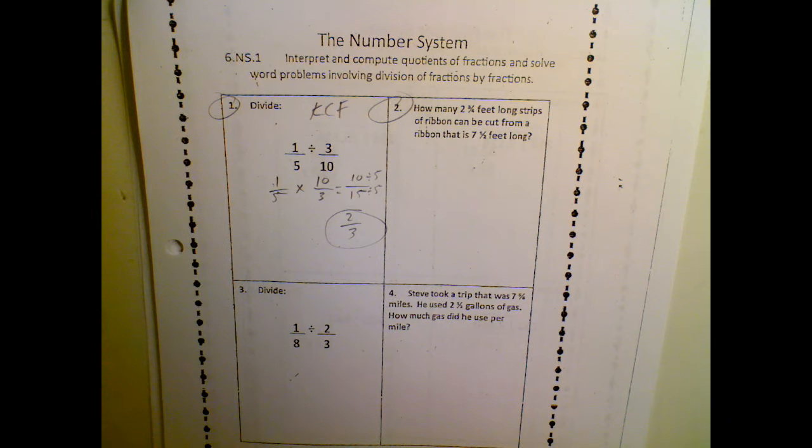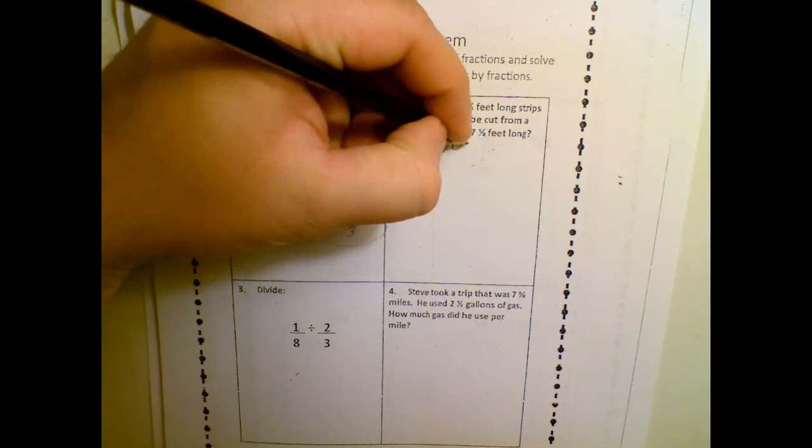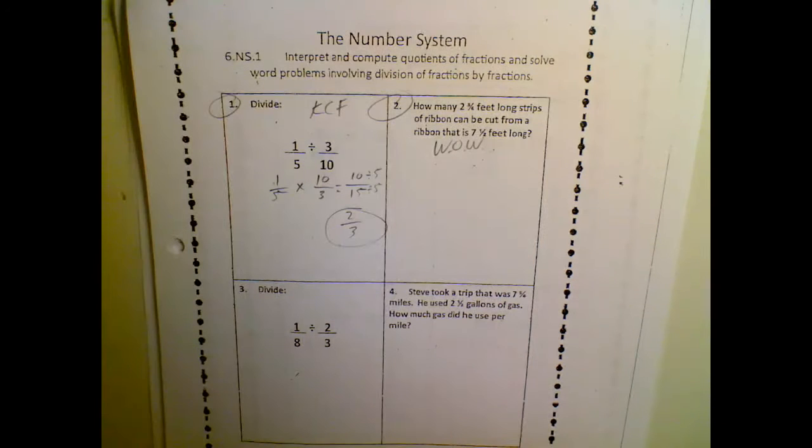How many 2 3/4 feet long strips of ribbon can be cut from a ribbon that is 7.5 feet long? Okay, so 7.5 feet long ribbon. Now remember, we've got our way of remembering this called WOW. So what is being divided and how, right? What is being divided? What do we have to begin with?